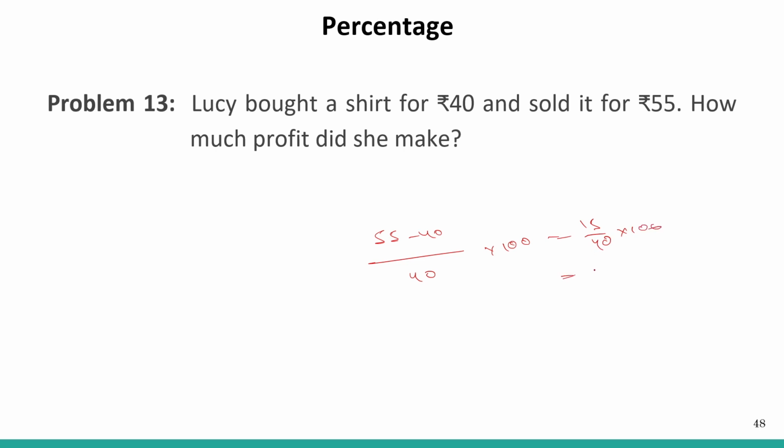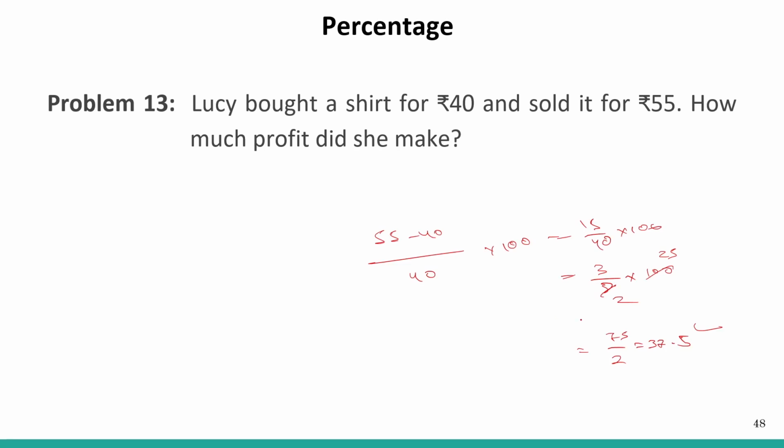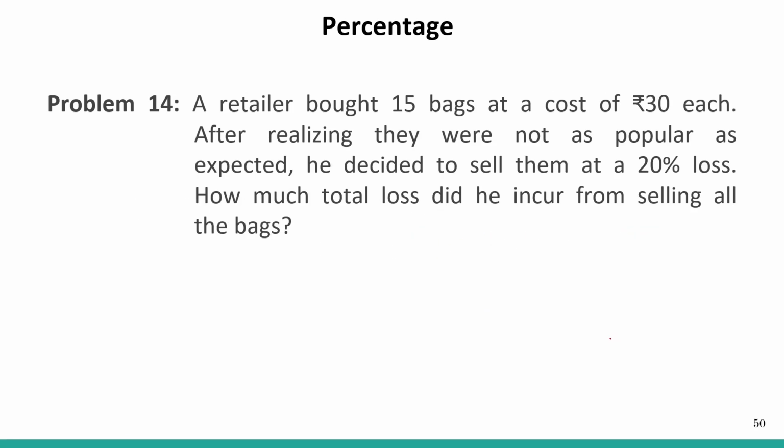That will be equal to 3 by 8 into 100, which is 75 by 2, equal to 37.5. That is the answer. So she made a profit, and in percentage, she made this much as profit. Let's see problem number 14.